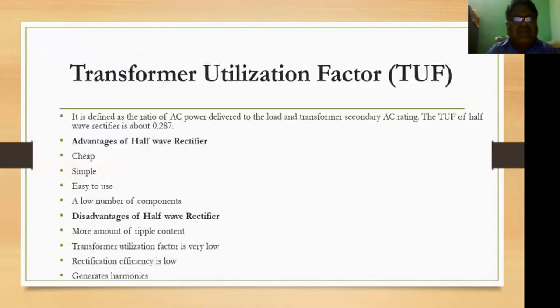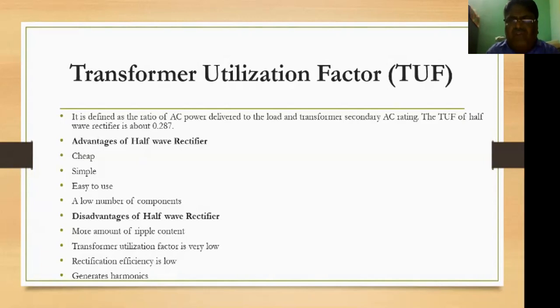Next, transformer utilization factor, TUF. This is very, very important. What is the transformer utilization factor? It is defined as the ratio of AC power, meaning input power, delivered to the load and the transformer secondary AC rating.